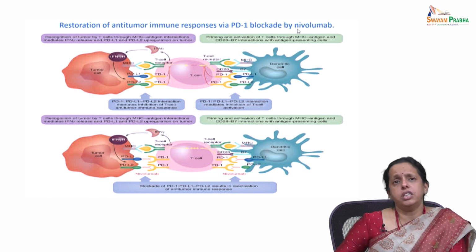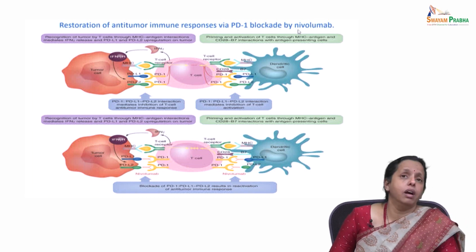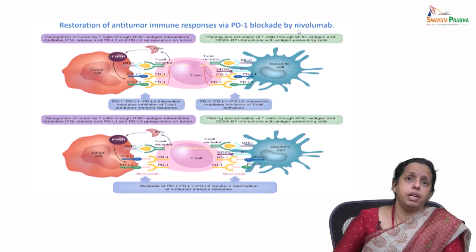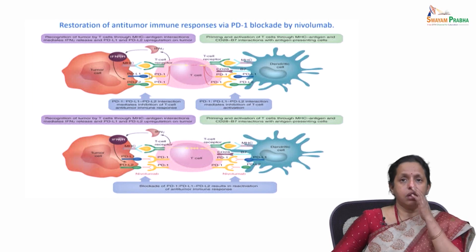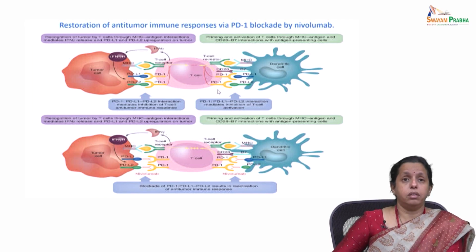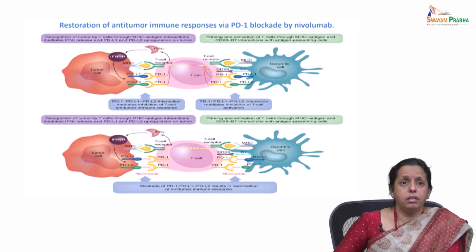A very important function and very successful clinically, many trials have been enrolled for this. This particular drug results in the blockade of your PD1 and or PDL1 and L2 and reactivation of an anti-tumor response.